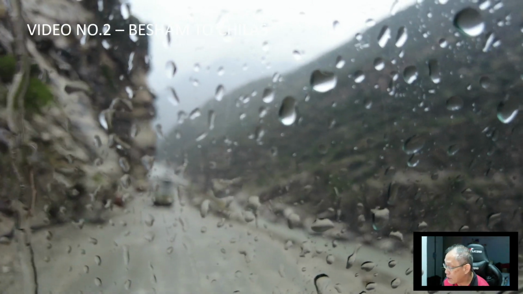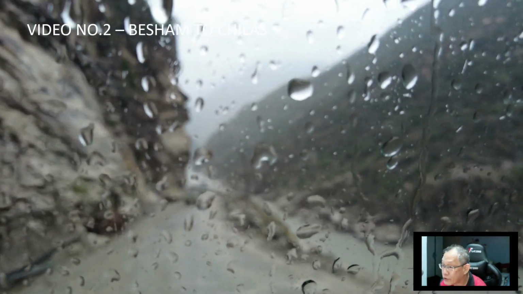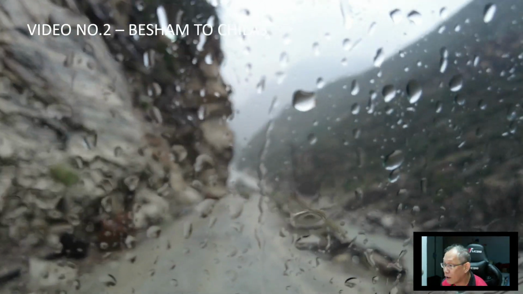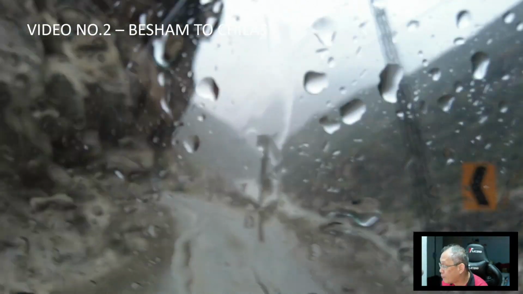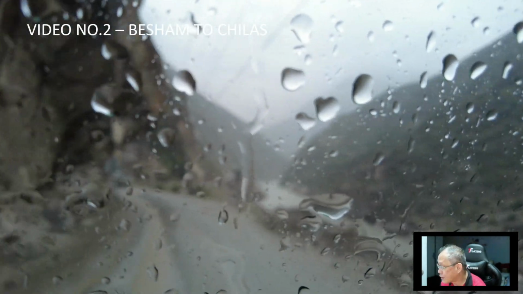And it's raining, and of course, sorry for that, the raindrops on the windscreen have affected the focusing of my video cam. But anyway, we still have a rough idea of the condition of the road, which is claimed to be the Karakoram Highway, but it's one of the worst stretches of the Karakoram Highway that I've come across.